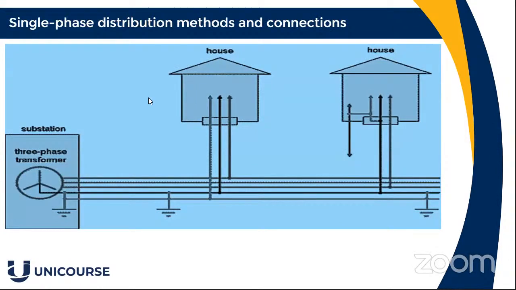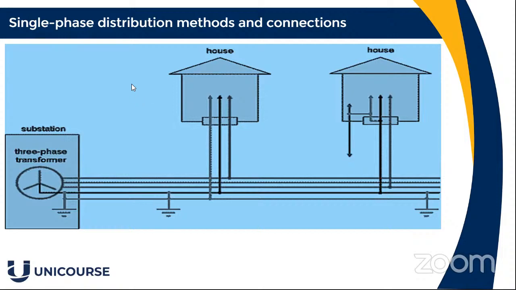Now we're moving on to the single phase connections. This will normally be only for households. Three-phase is used for things like industry, light industry, heavy industry, and some church halls.